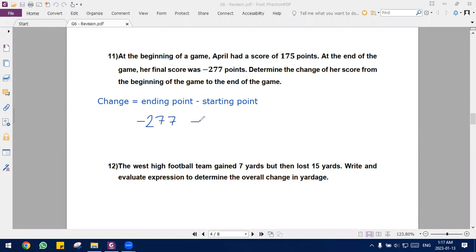And this minus the starting point, 175. Now both values are negative, so we add them. You will get 452. Pick the sign of the biggest one, it's minus. So the change that happened, she loses 452 points. This is the change.